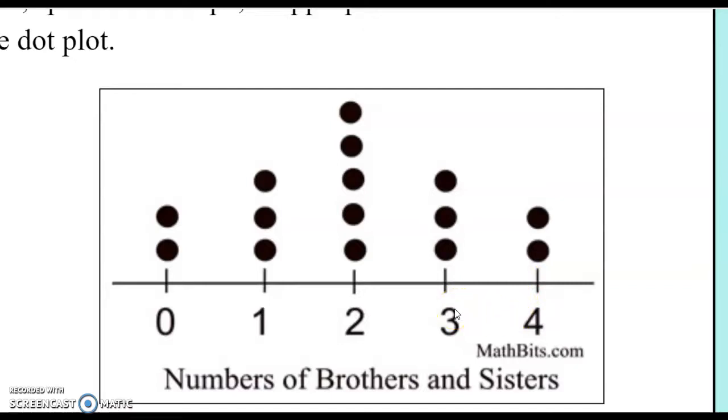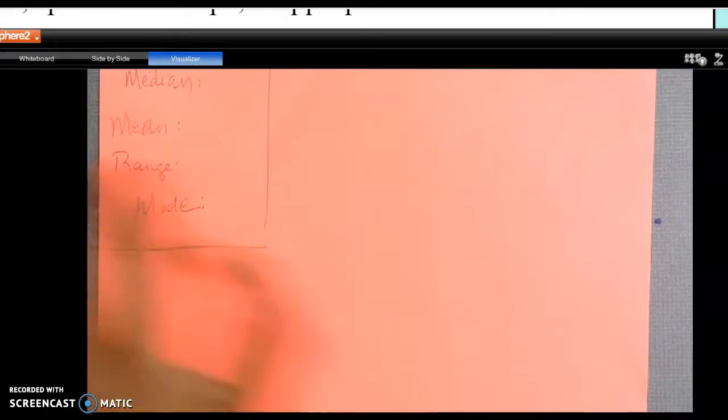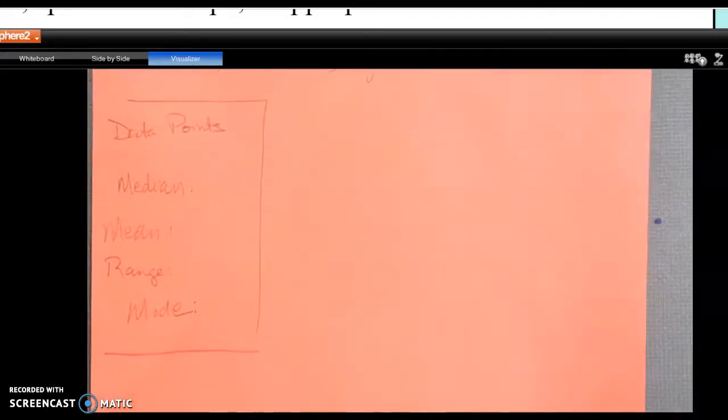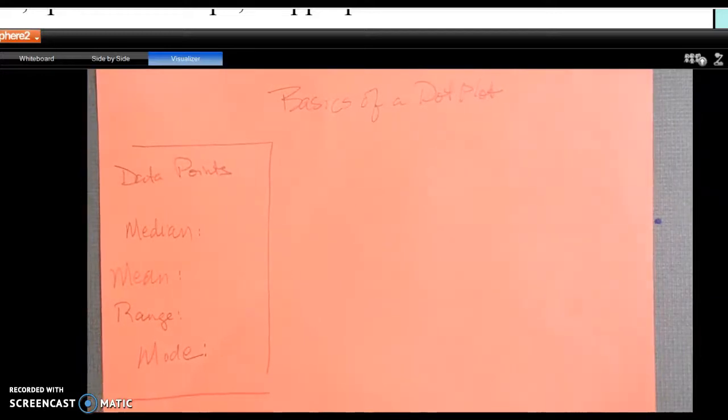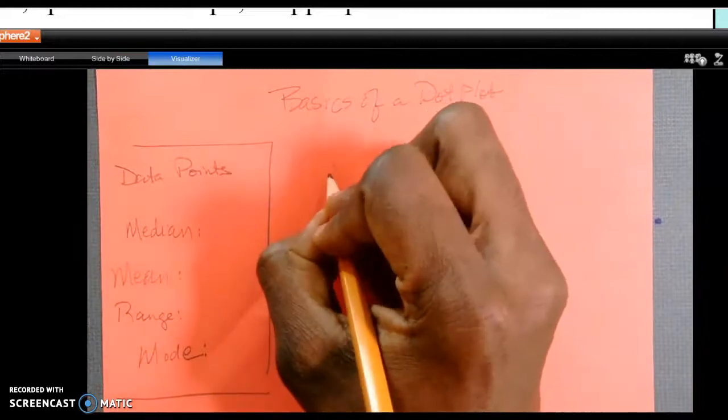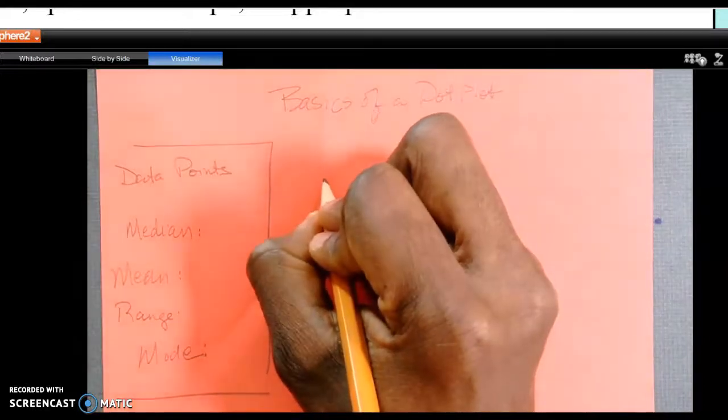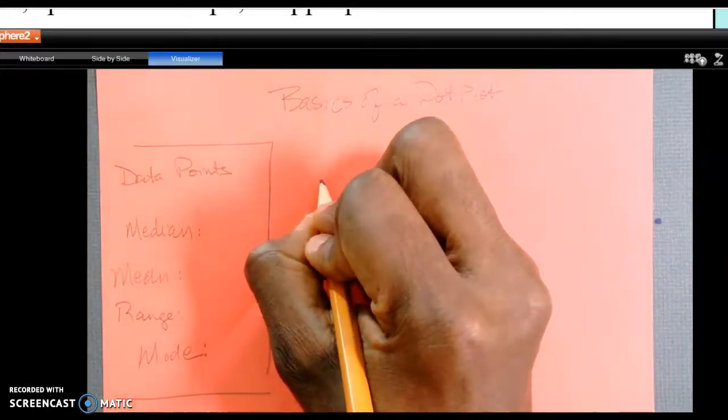So how do I use the information that is here to actually figure out my measures of central tendency? I'm going to go ahead and switch over to our work. I have a little chart listed here. I'm going to spell out exactly what was said there and line all of my data points up.